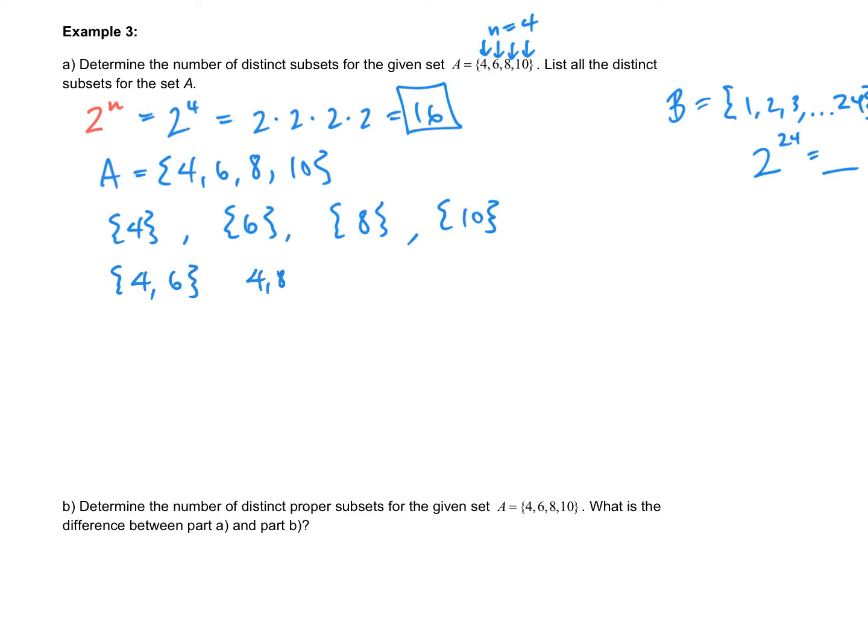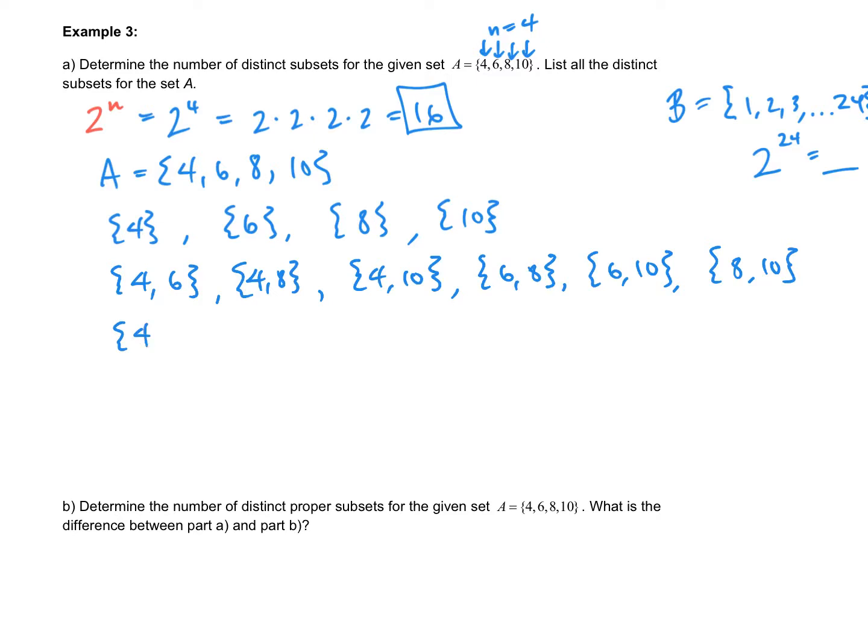What about 4 and 8? Sure. 4 and 10, yep. And then how about 6 and 8? 6 and 10. And finally, 8 and 10. It's a little tricky to get them all down, but we're doing subsets, meaning the elements in the subset have to also be in the set.